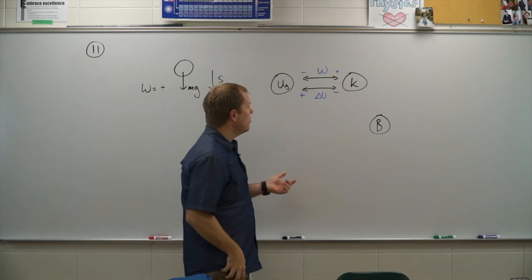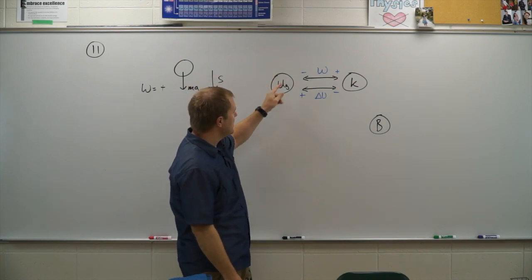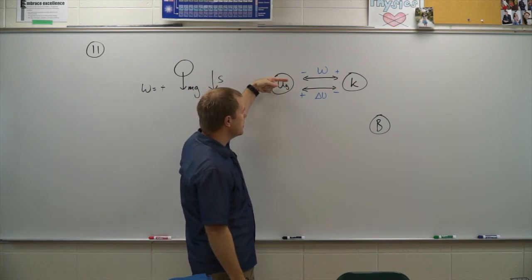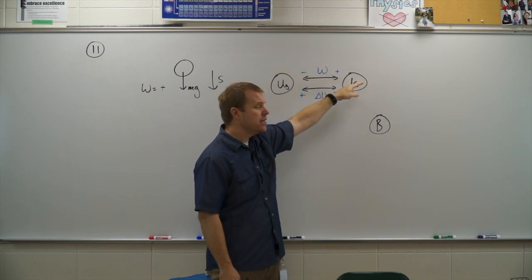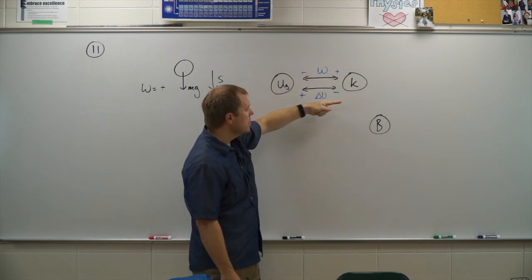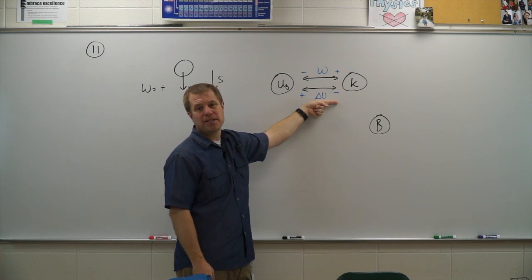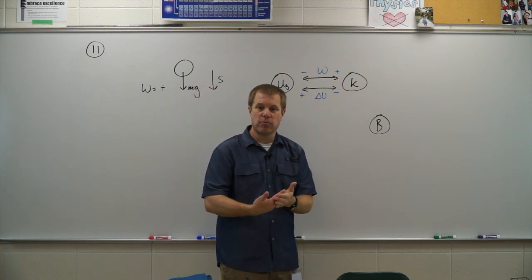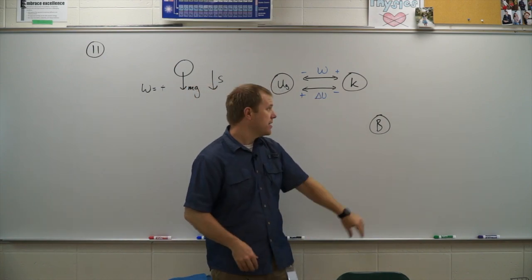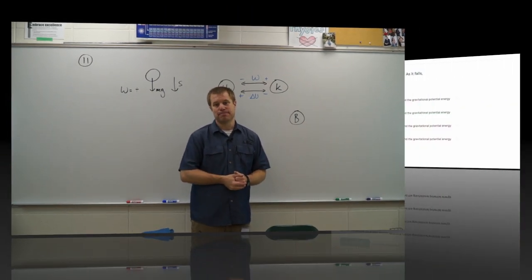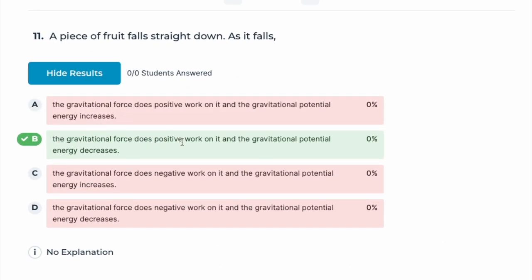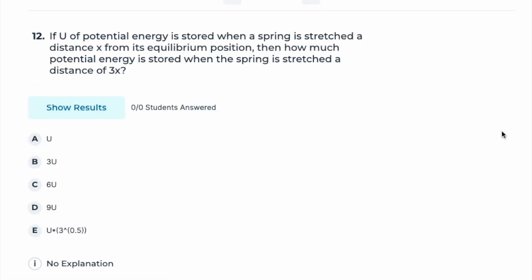Also, if I have positive work, that means energy is going from my potential energy to my kinetic energy. So whenever we have positive work, we have a loss of our potential energy. So we're going to do positive work, and we're going to have a negative change in the potential energy. Correct answer is B. The force does positive work and the potential energy decreases.